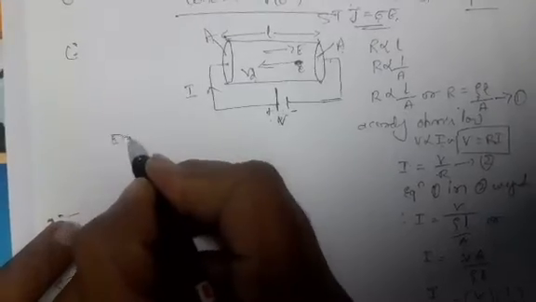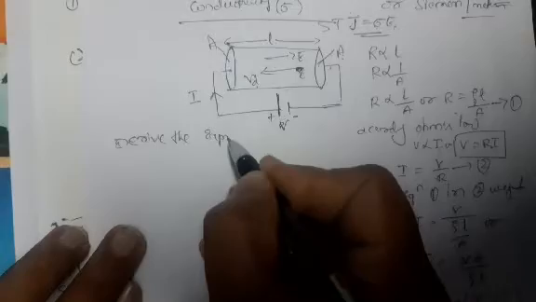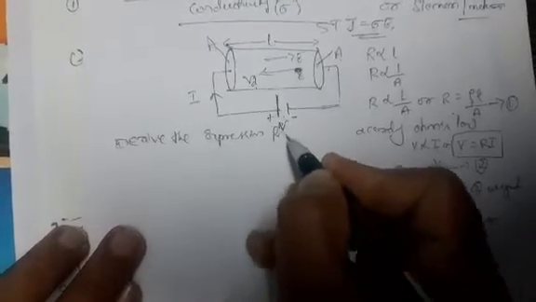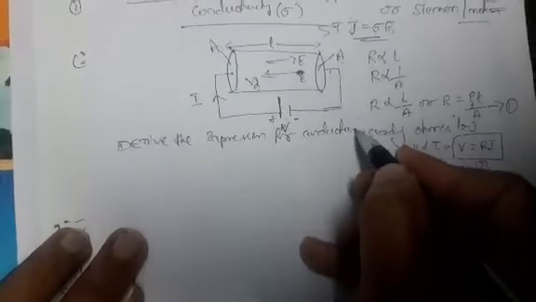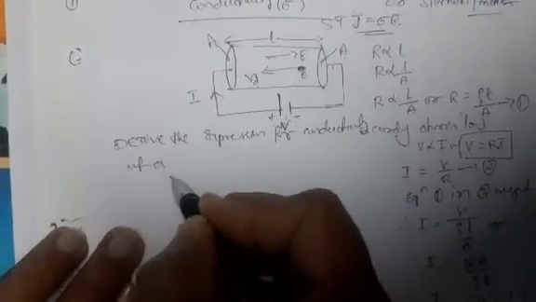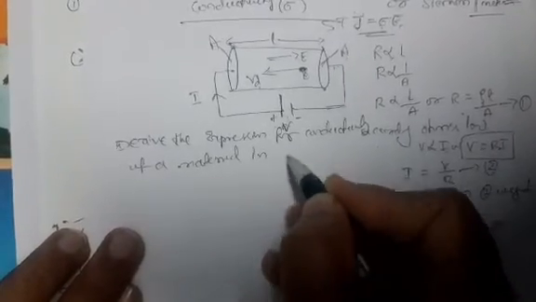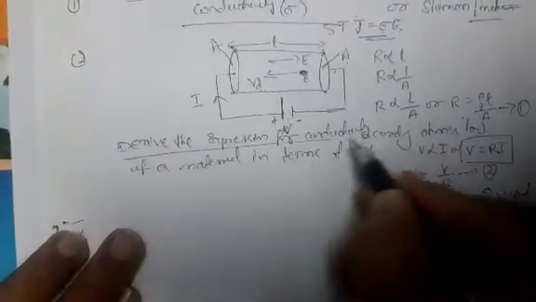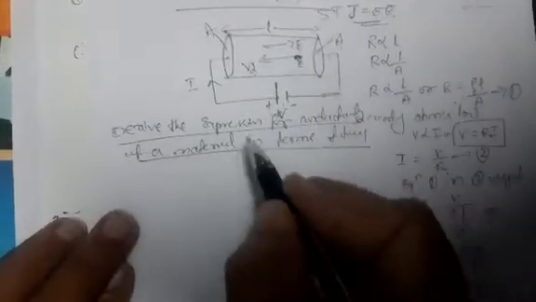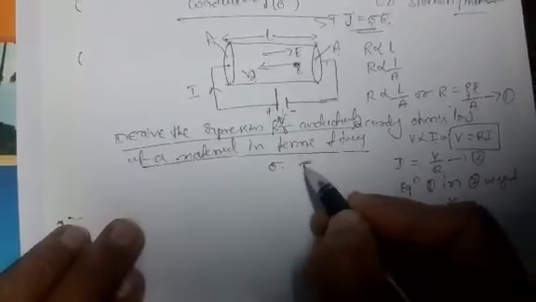Derive the expression for conductivity of a material in terms of time. The conductivity symbol is sigma. The relaxation time is tau.